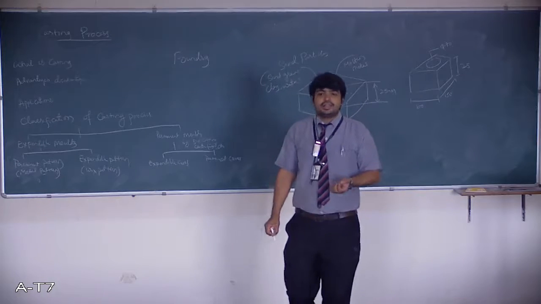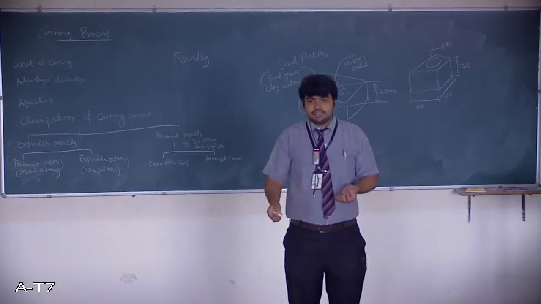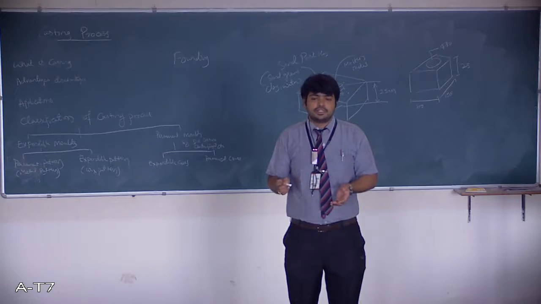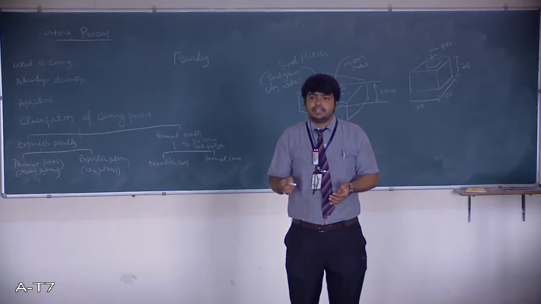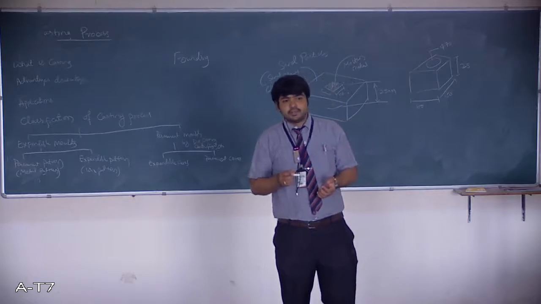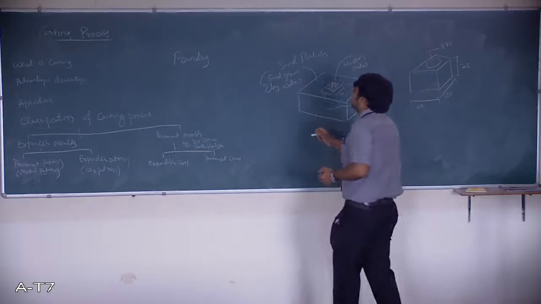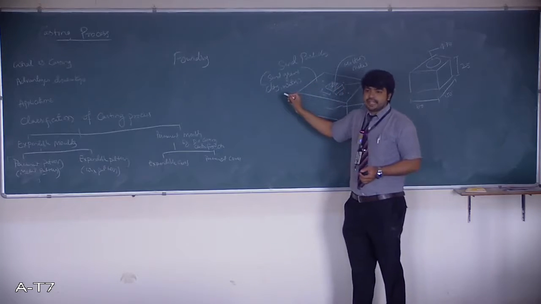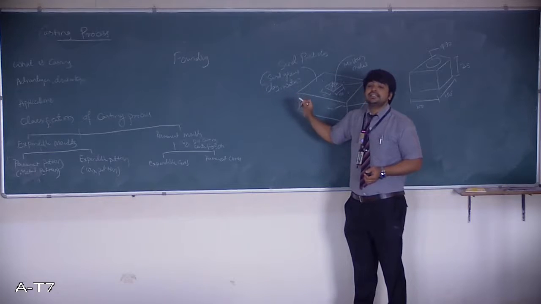Okay, again there are different types of clays. So it depends upon what type of metal we are going to cast. On that basis, we generally select the clay. So here clay acts as a binding agent, but this clay has to be activated. So that is done by using water. Okay. So wherever we make use of clay and water as a binding agent in casting, that process we call green sand casting or green sand molding.